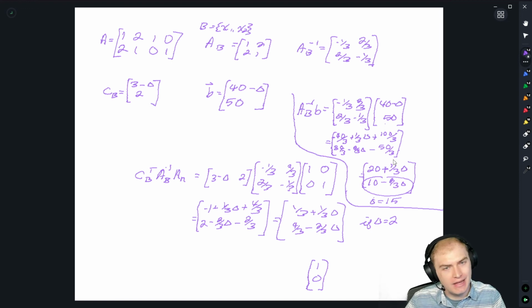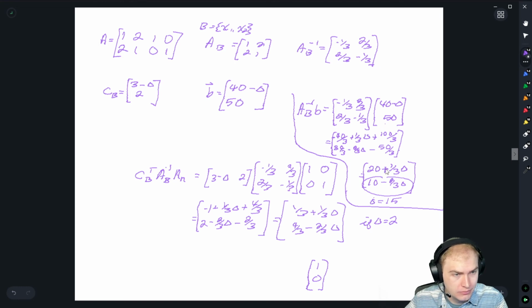If we were to increase 40 to, say, 50 or 60, we would get a subtraction here.